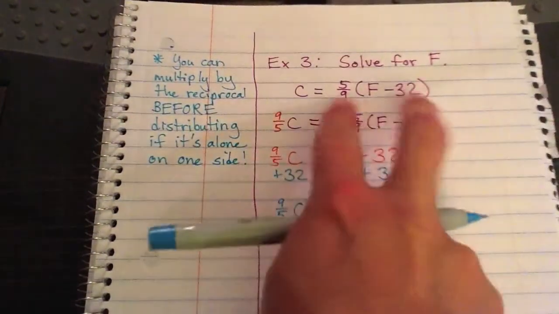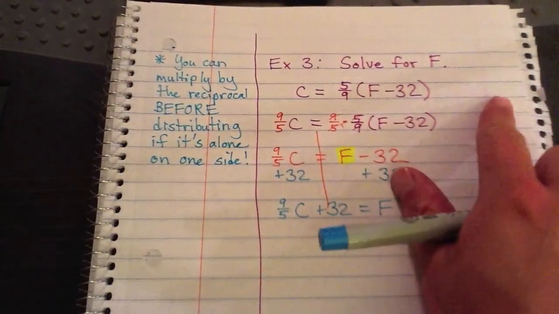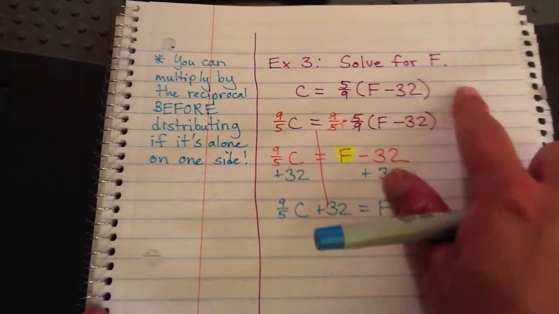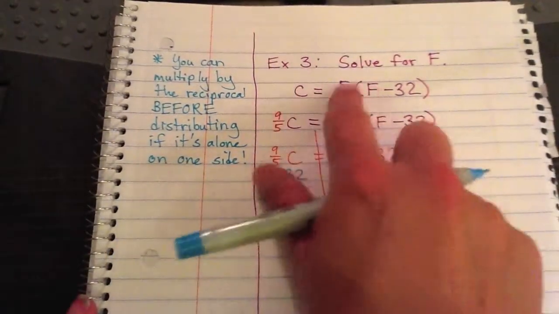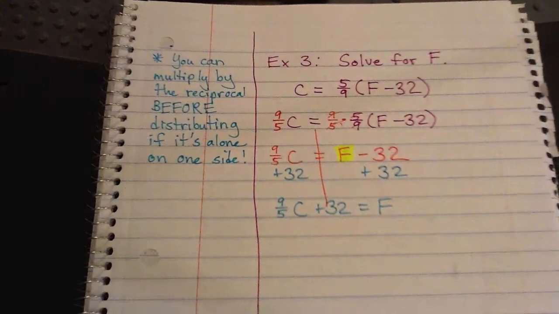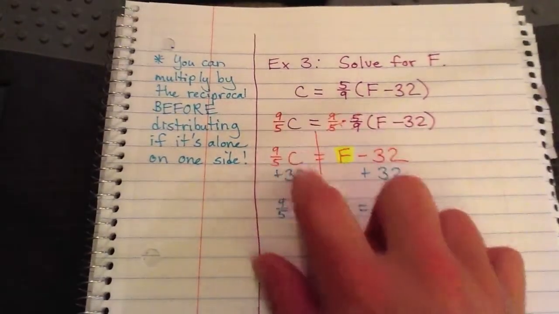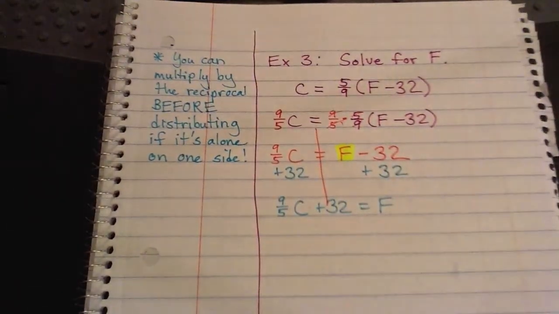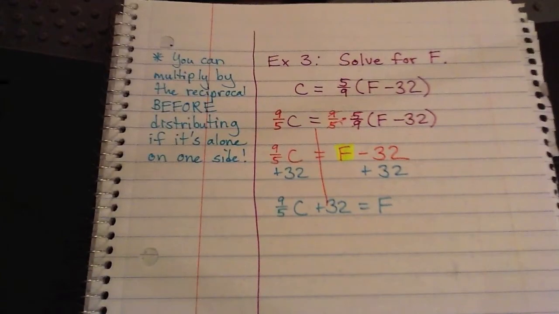Remember, this has to be alone. I can't have plus 5 or minus 10. I'd have to move that over before I did the distributing. And then once I multiply both sides by that, I'd have to make sure that I was able to multiply that to everything over on the left also, which we might come across a few of those that we can work on. And that's it.